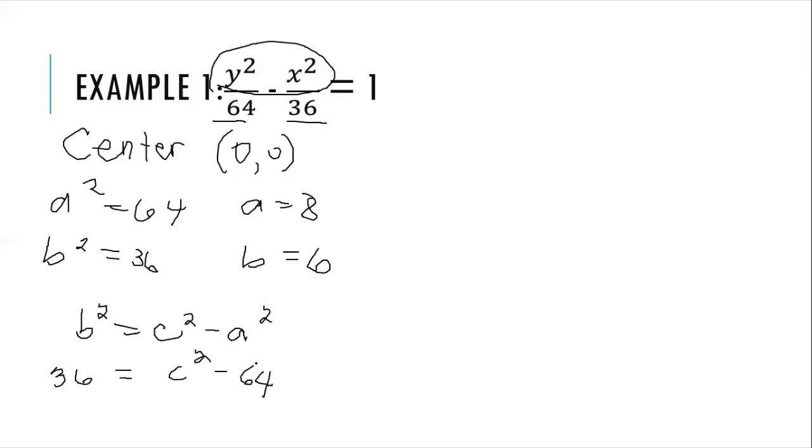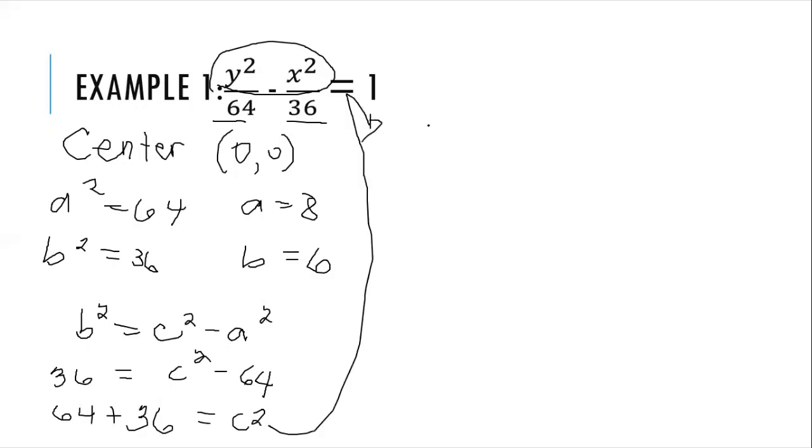Then combine like terms: 64 plus 36 equals c squared. 64 plus 36, we have 100. And then the square root of 100 is 10. So our c is 10.